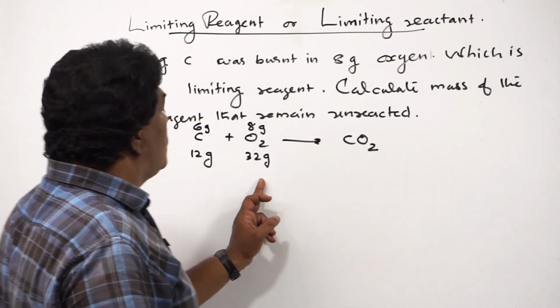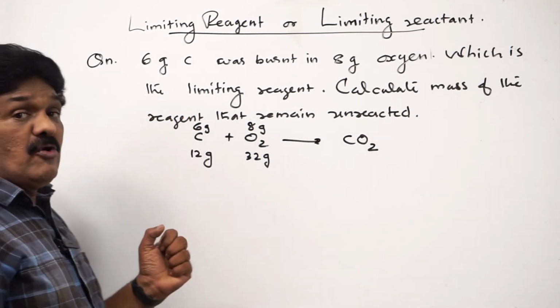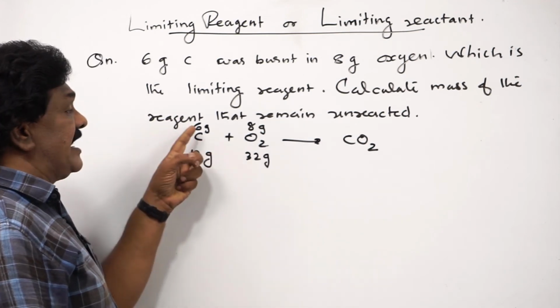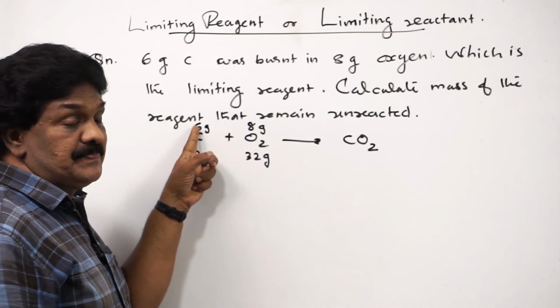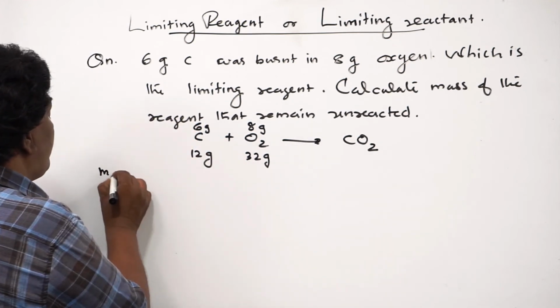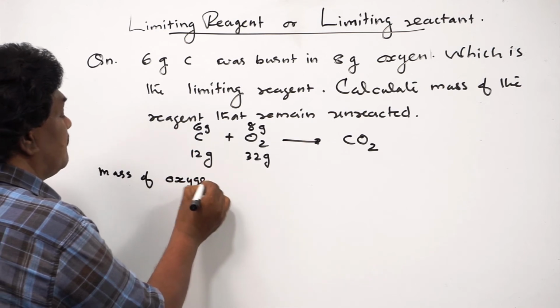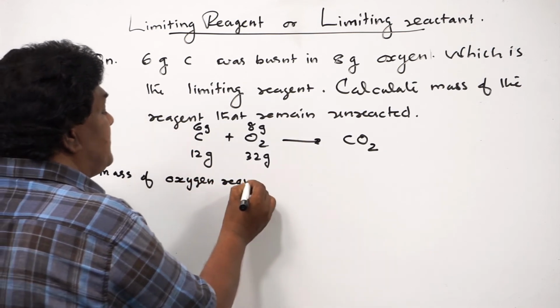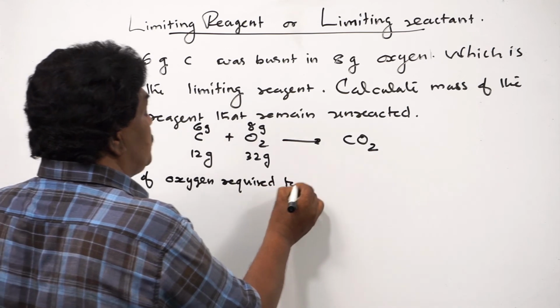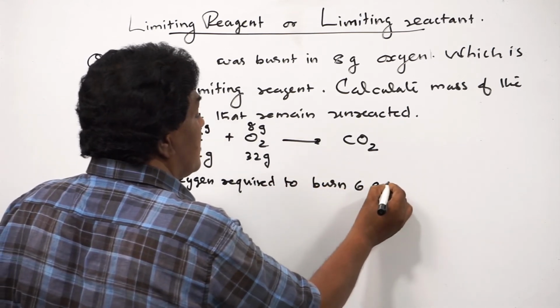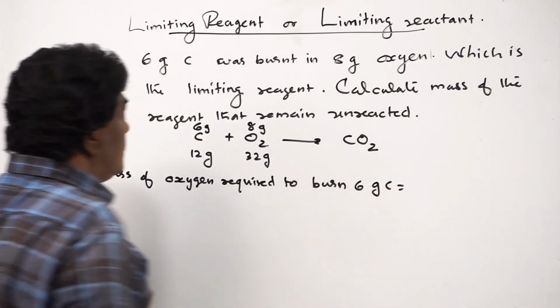Now, first of all, we have to find the mass of oxygen required to burn 6 gram carbon.